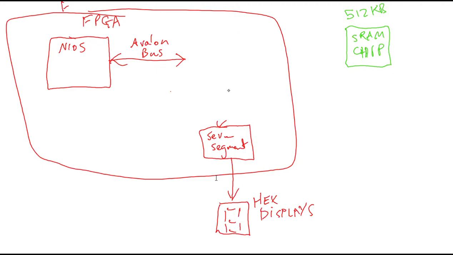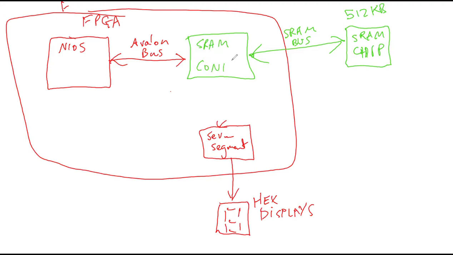We'll get to the 7-segment part later, but for now, we go to this SRAM controller because the bus that's used for the SRAM chip is different. So this is the SRAM bus, and this is the SRAM controller. The job of the SRAM controller is to convert from this bus language to that bus language, and then report back the other way as well.